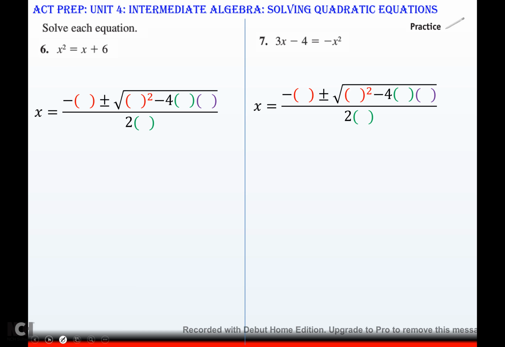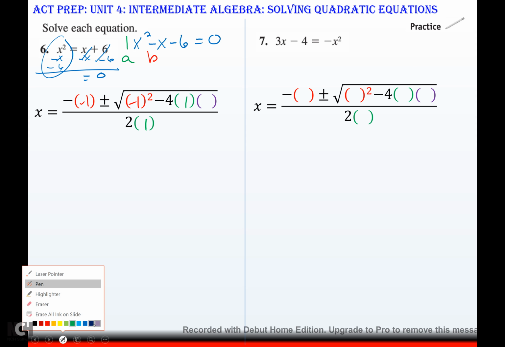Alright, so if we try this one, again, we're not in standard form, so I'm going to minus x and minus 6 to get 0 on this side. Drop these in quadratic order and you get x squared minus x minus 6 equals 0, which tells me that b is negative 1, that a is 1, and that c is negative 6.